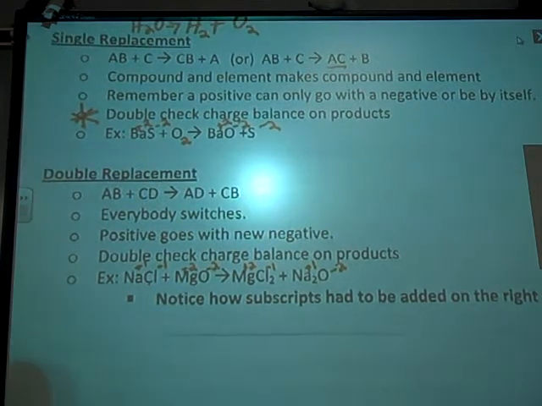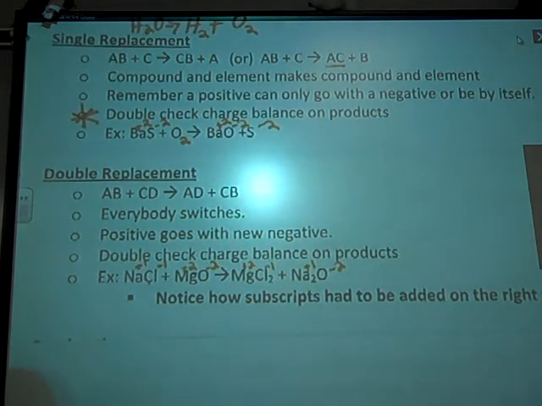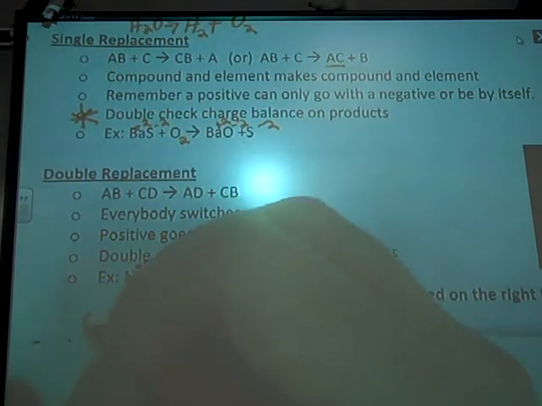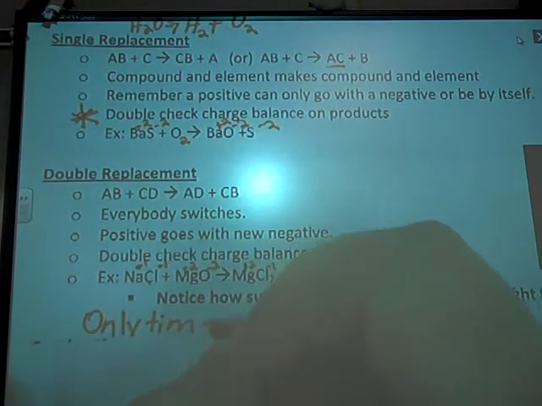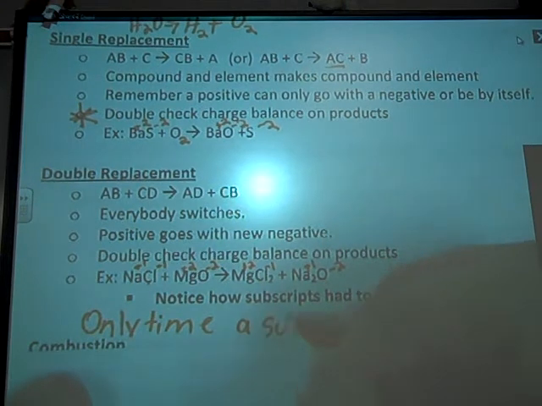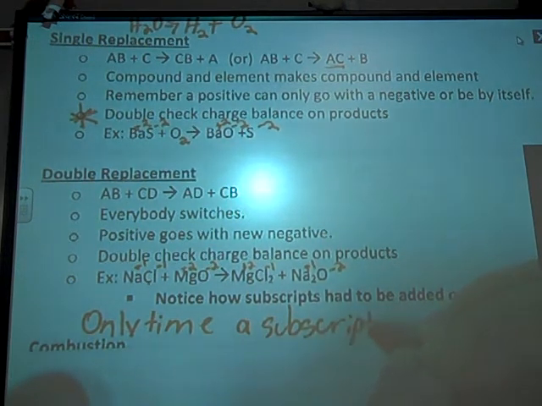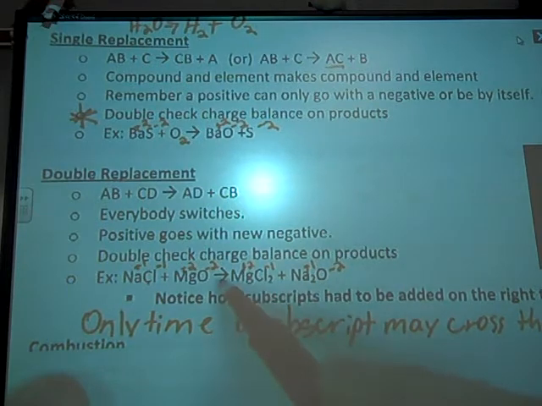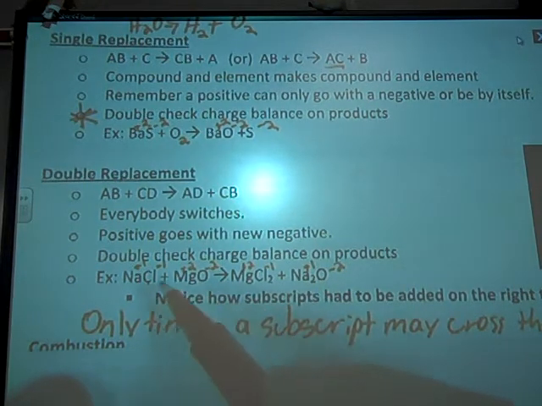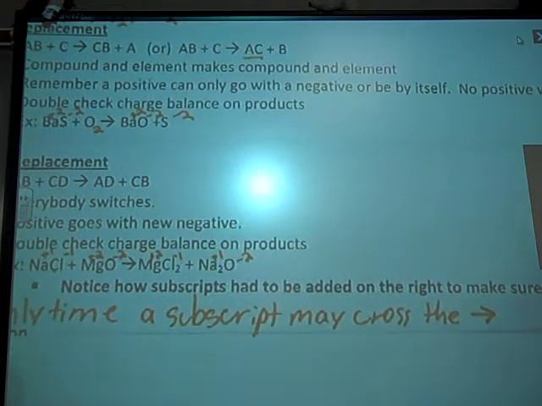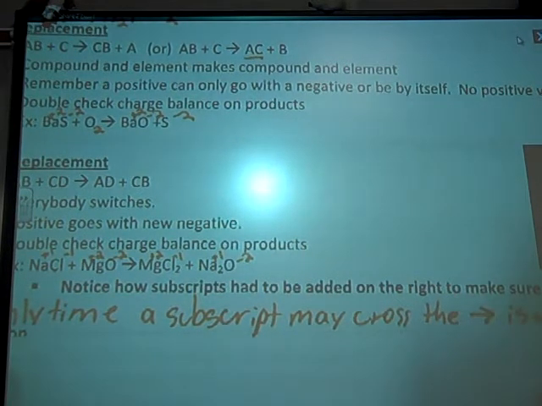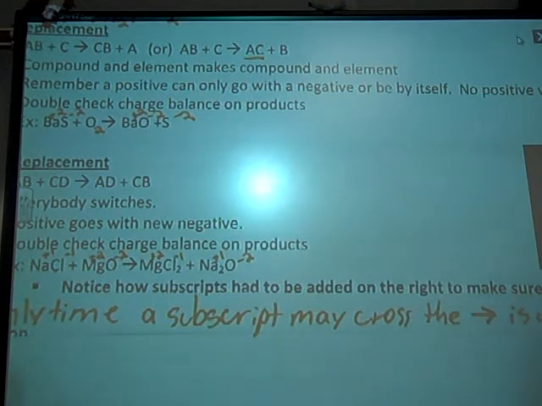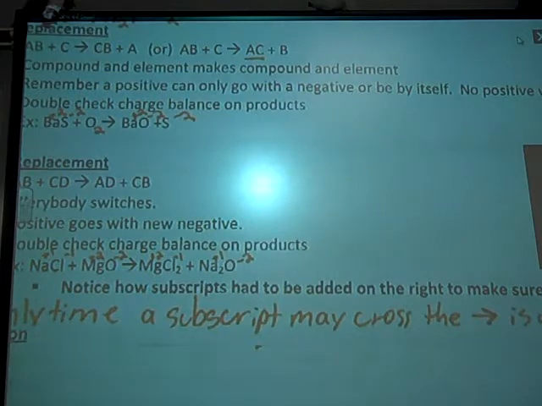And I want you to make a big note. This is not written, so you need to make sure to write this in. The only time a subscript may cross the arrow, so this arrow here, is when it is part of a poly.